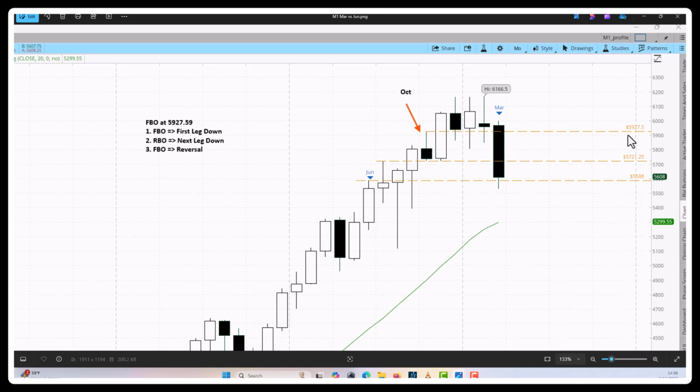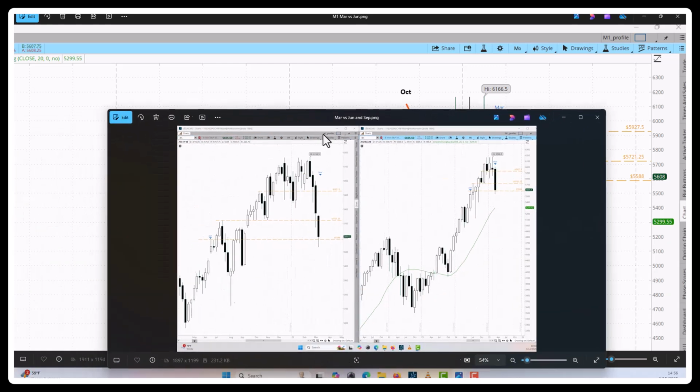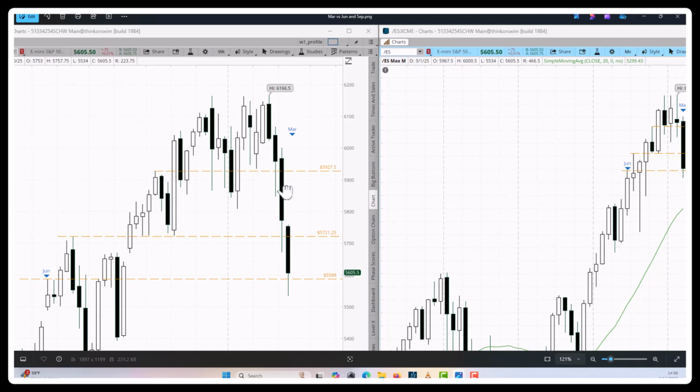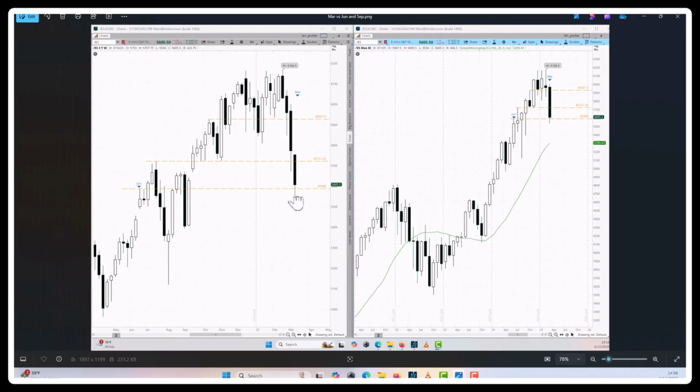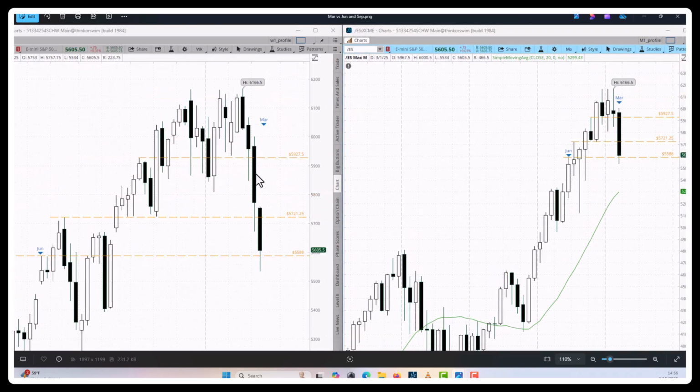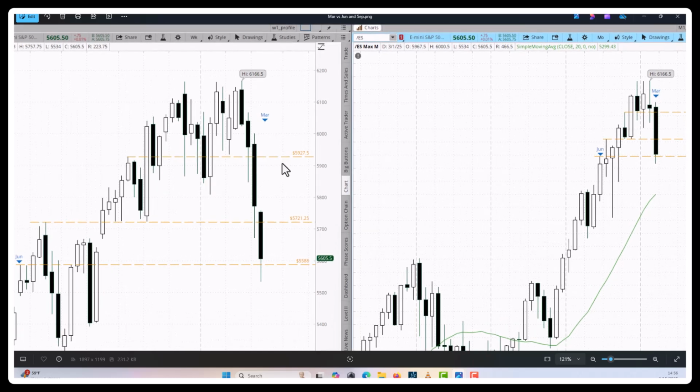So we want to track down 59.27.50. What day is that? It broke it down, right? If we look on the daily, we see that on this week, what? Okay, so this is the monthly. The monthly manifests itself on the weekly: the first week of March is broken down.